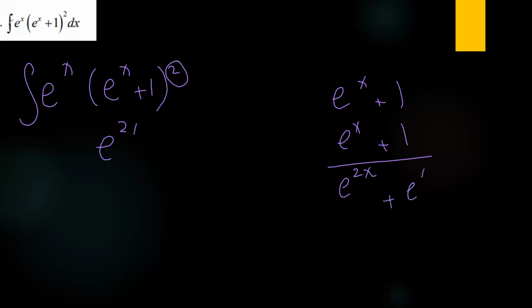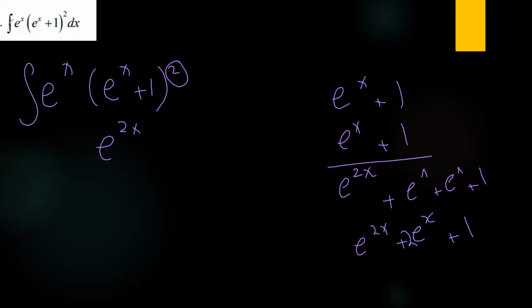So let's first simplify the square: it is e to the power x plus 1 times e to the power x plus 1. We have e to the power 2x plus e to the power x plus e to the power x plus 1, so it is e to the power 2x plus 2e to the power x plus 1.